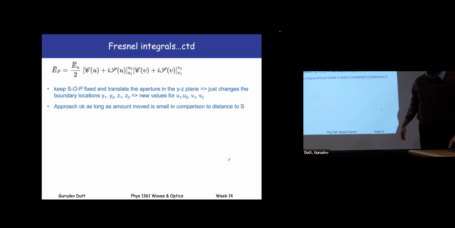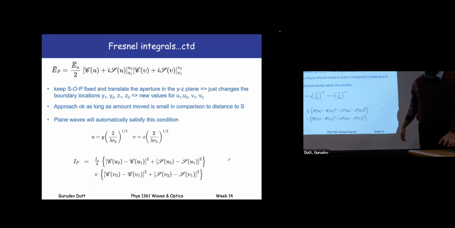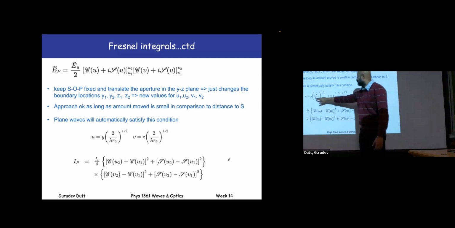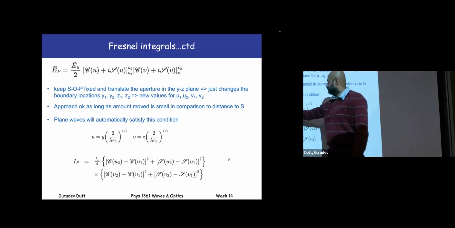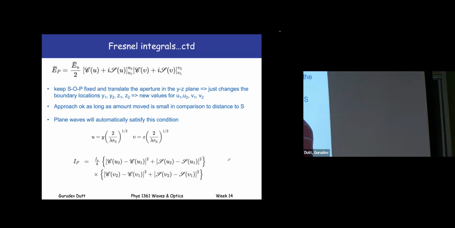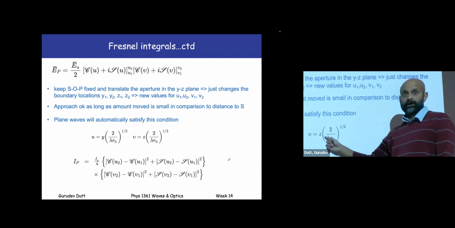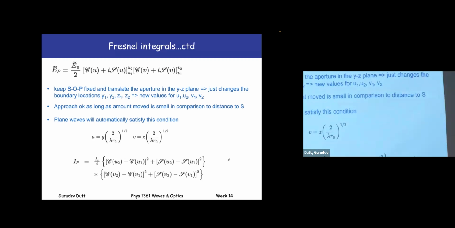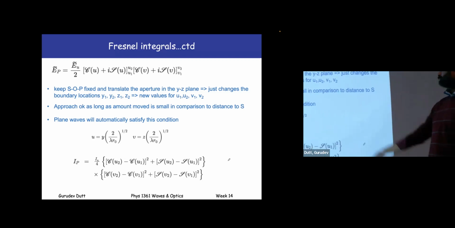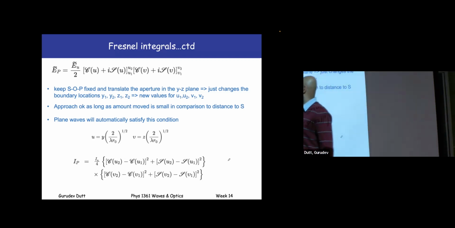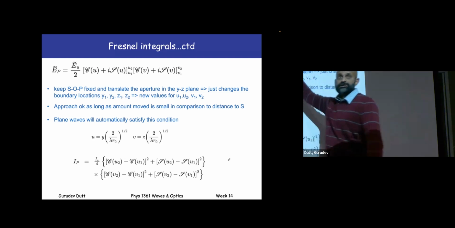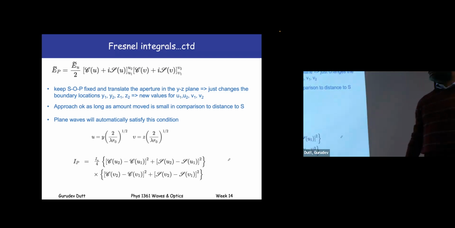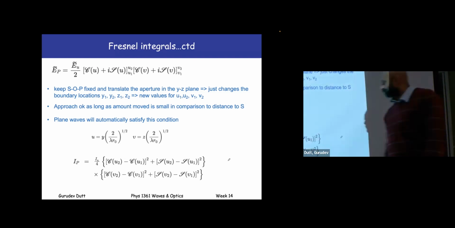So let me come back to this. But here is the plane wave approximation. If the incoming waves are plane waves, rho naught goes to infinity, then U is just this formula over here, and V is just this formula over here. Then the total electric field at the point P can be found by calculating the magnitude squared of each of these terms in this phasor, and that will be just this expression over here.